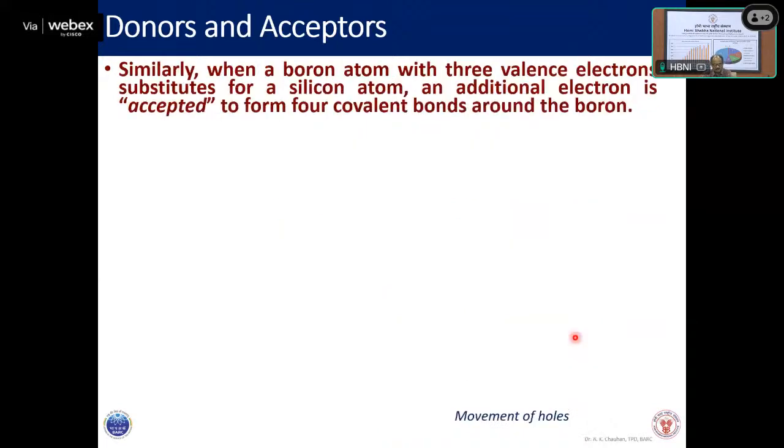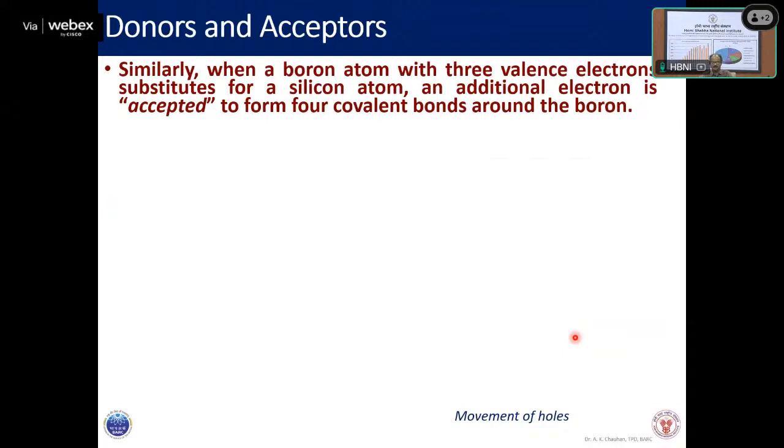Similarly, there is the concept of acceptors. Suppose I add boron. Boron has 3 electrons. Now one boron I place in place of those 4 spheres. I remove the top sphere, and there, the red sphere, I replace with one boron.